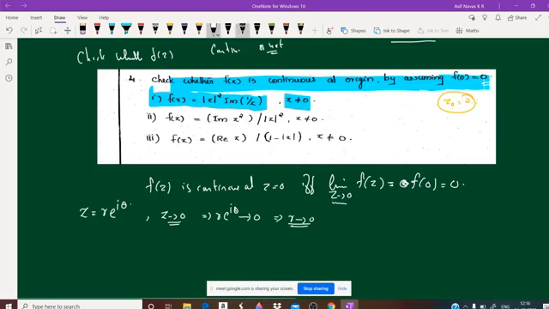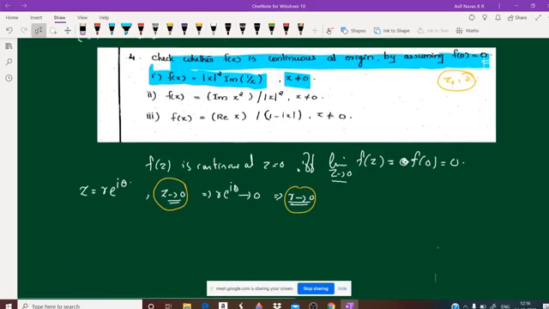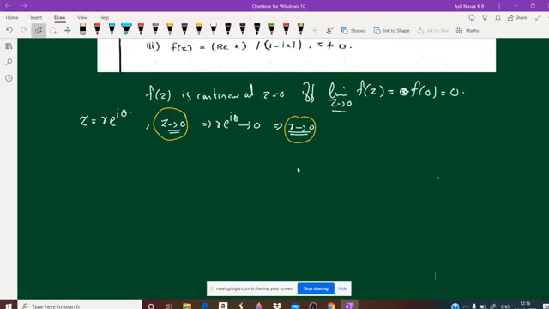So we can change z tends to 0 into r tends to 0. So the function is continuous if limit r tends to 0 of f of z is equal to 0.